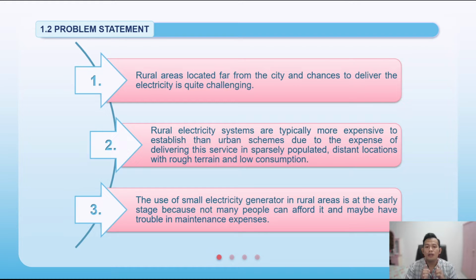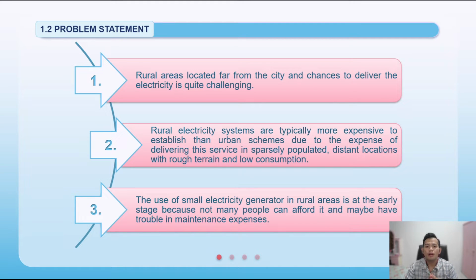Firstly, rural areas are located far from the city and the chances of delivering electricity are quite challenging. For example, if the community lives in a rural area that needs to cross the river, the supplier needs to prepare a lot of things such as water transportation.